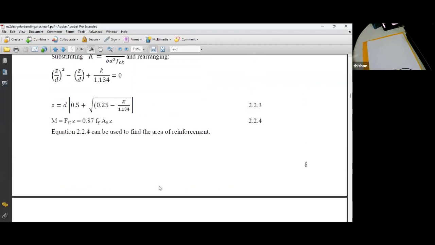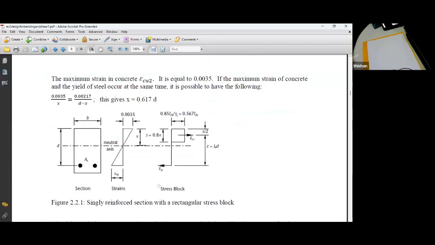Right. Now, if you look at this X, that is the depth to the neutral axis. If you look at this S, it is 0.8 times X. If you look at Z, Z cannot be very large. Why?